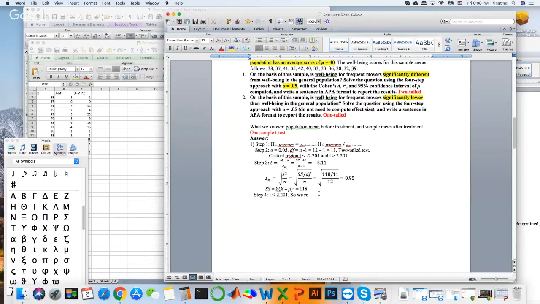So we reject H0, which means we have a significant treatment effect. Okay, we finished the 4-step approach. And now I ask you to also compute the effect size, 3 indices, 3 measurements: Cohen's d, the R square, and the 95% confidence interval of the mu. Let's do it.